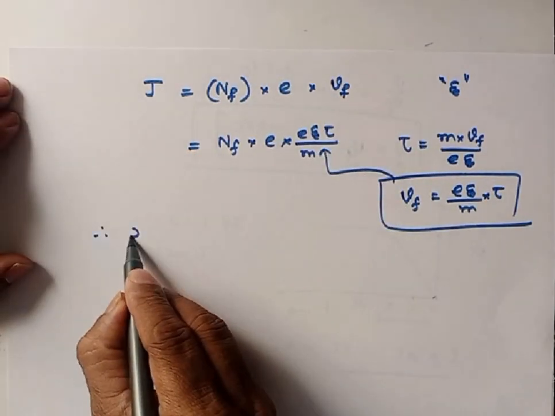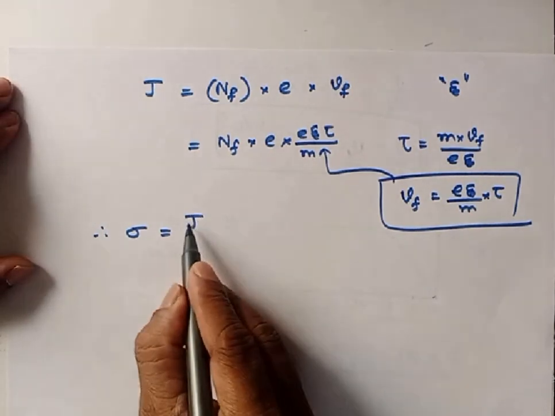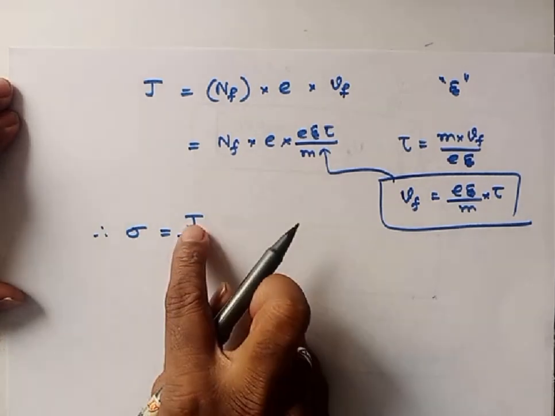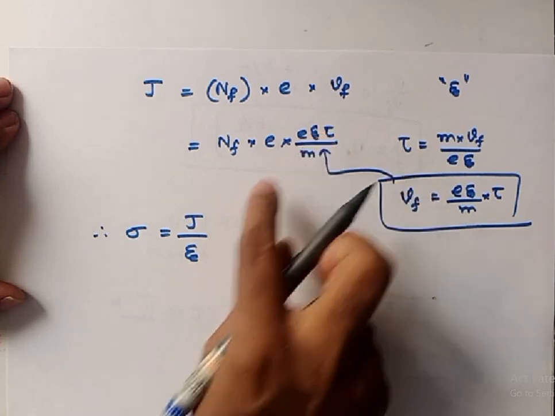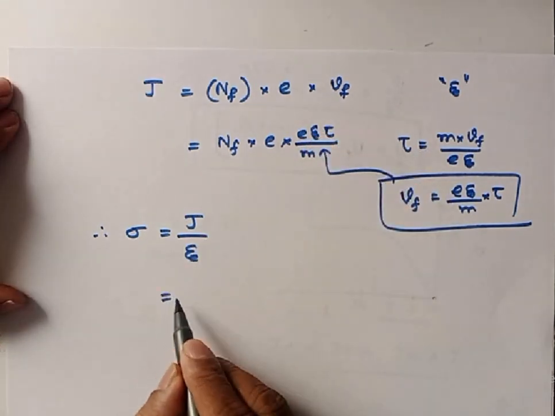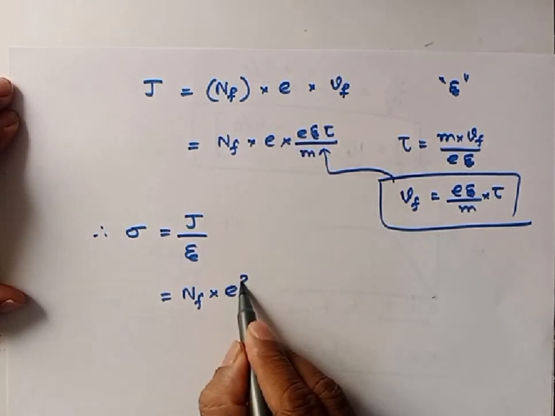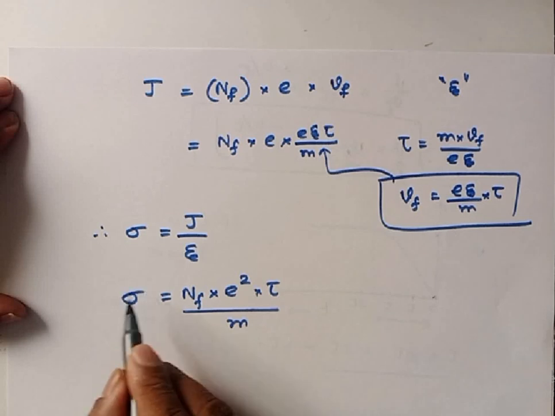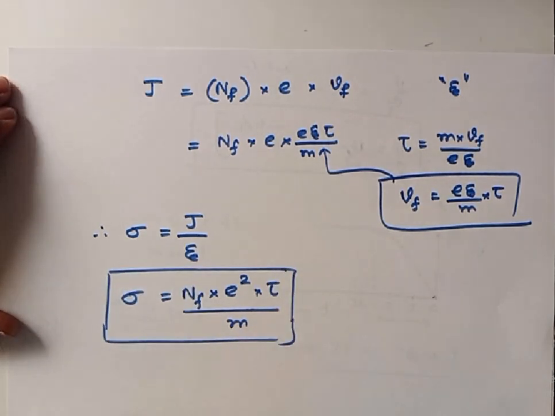Therefore, the conductivity of the metal is equal to, conductivity is nothing but current density J divided by the applied electric field strength epsilon. Now in J we have one epsilon, so this epsilon and this epsilon get cancelled. So what we get is sigma equal to number of free electrons into e squared into tau by m. Yes, this is the expression given by Drude.